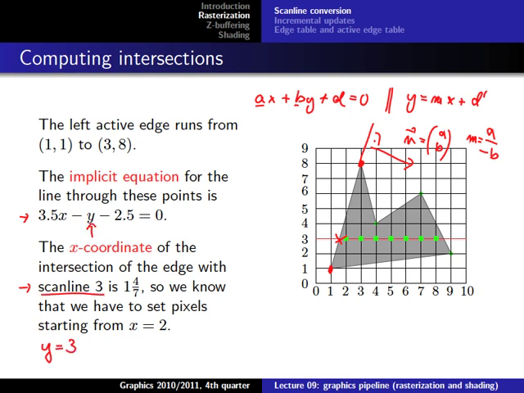If we put that in here, we get the x value, which is 1/4, and that means, since it's the left one, we start painting with pixel number 2. Remember, we moved it, so we're dealing with the pixel center here. So 1/4 is a little bit to the right of the center, which is why we start drawing with the second pixel, and then we draw to the right till we reach the other intersection point, which we can easily calculate in the very same way.